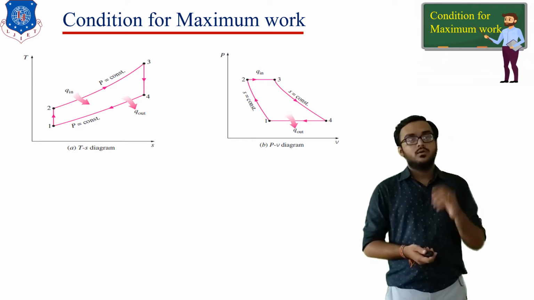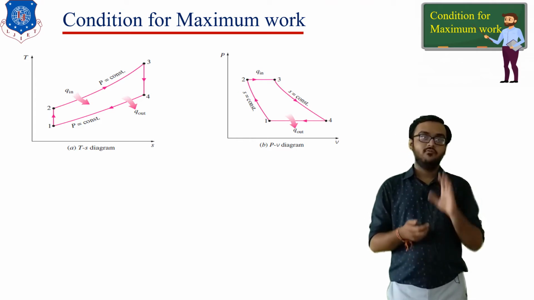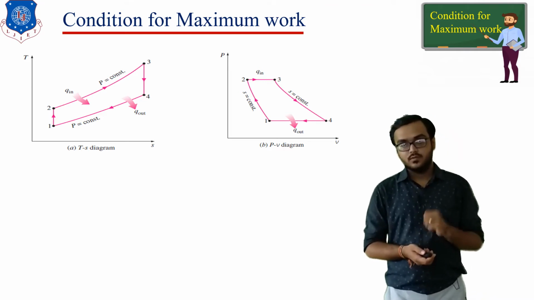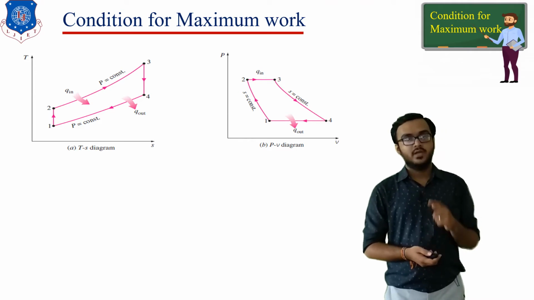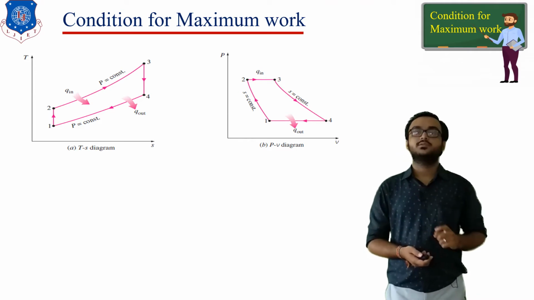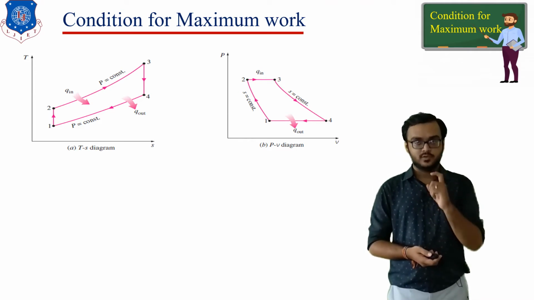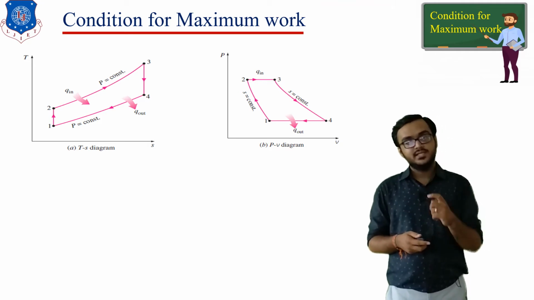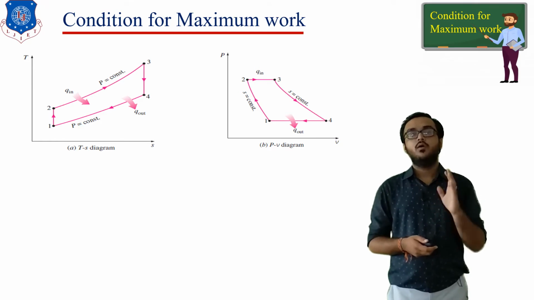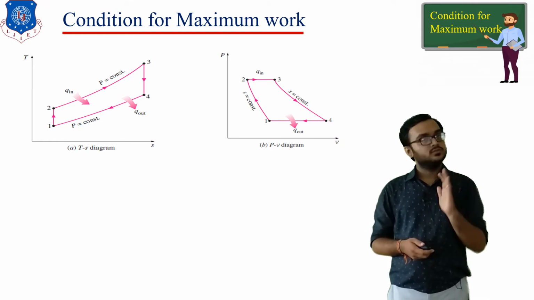Now in the TS diagram we have four different processes: 1 to 2, 2 to 3, 3 to 4, and 4 to 1. The 1 to 2 process is the isentropic compression process. Here we are dealing with the theoretical cycle, which means we need to assume all losses equal to 0.